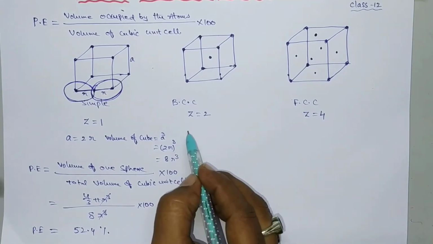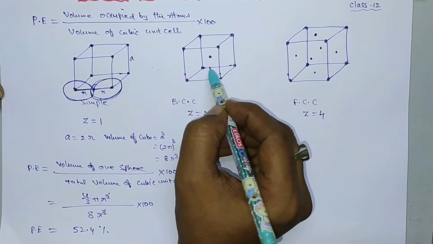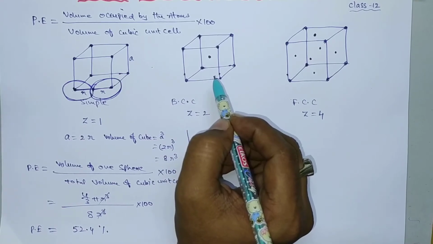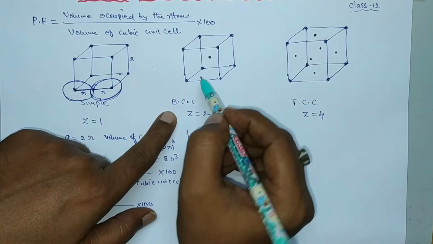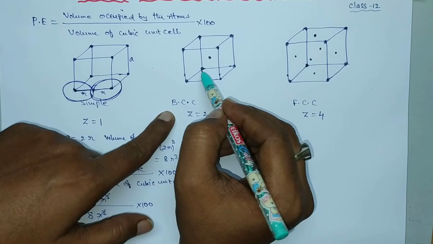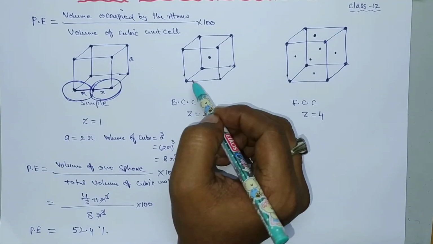Next, the body centered cubic structure. In the body centered cubic structure the corner atoms do not touch each other, but the atoms along the body diagonal touch each other.